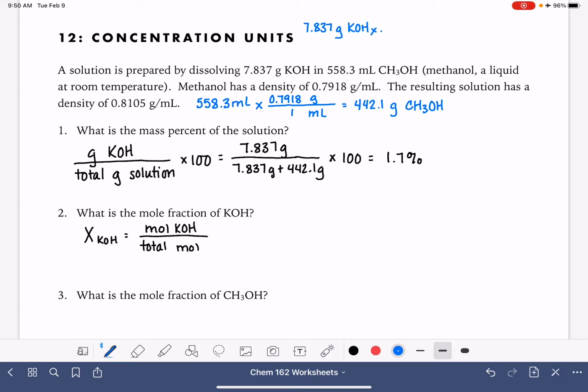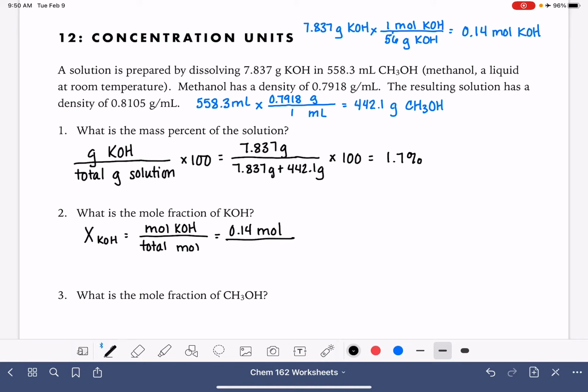We need the molecular weight of KOH. To do this conversion factor, 1 mole of KOH is about 56 grams. So we have 7.837 divided by 56. We have 0.14 moles of KOH. We're going to put that right here, 0.14 moles.